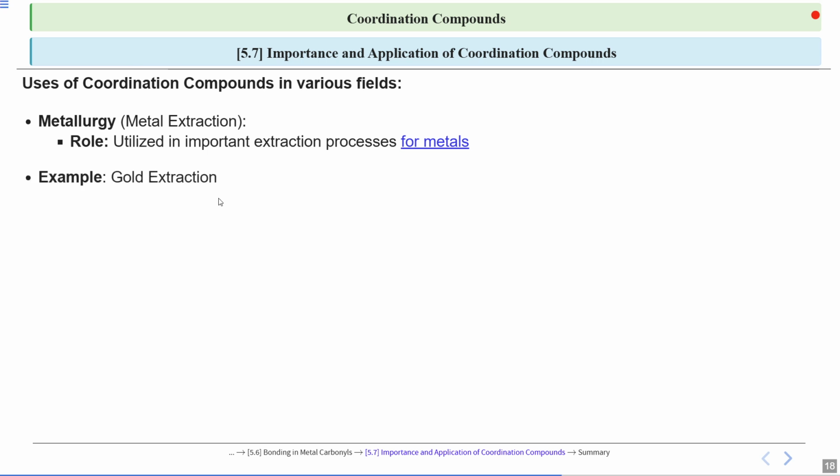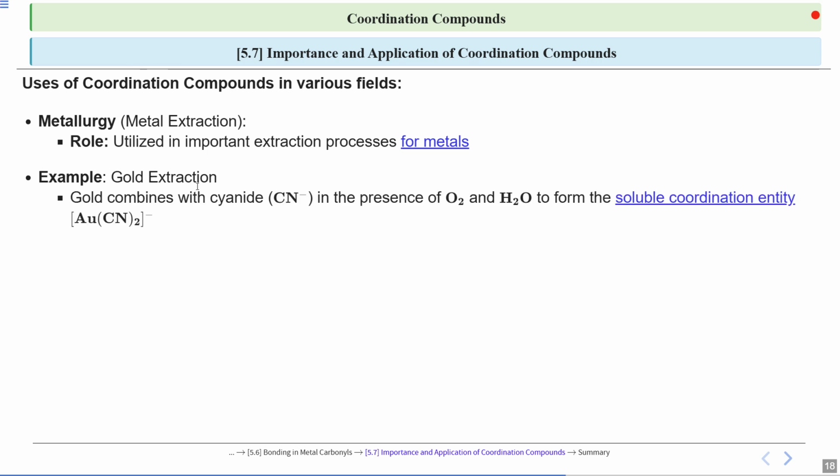For example, gold extraction. If we are extracting gold, we use these. Gold combines with the cyanide ion, CN negative, in the presence of oxygen and water to form the soluble coordination entity, which is Au(CN)2 whole negative.